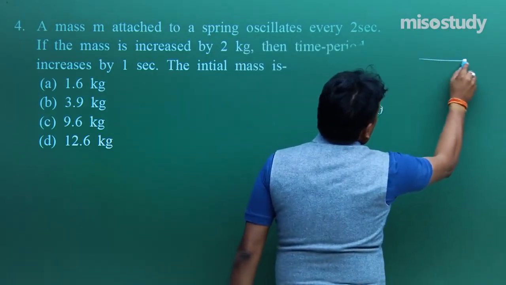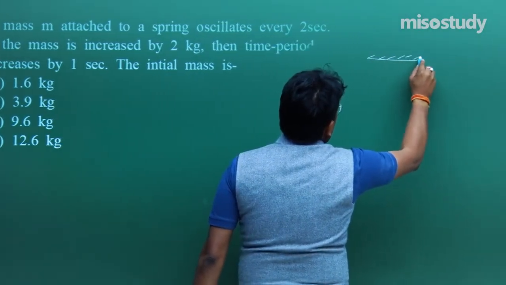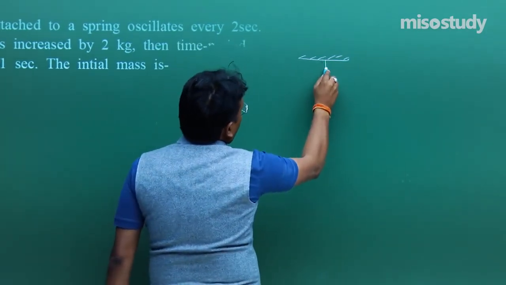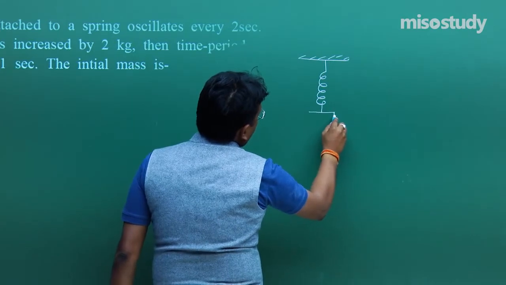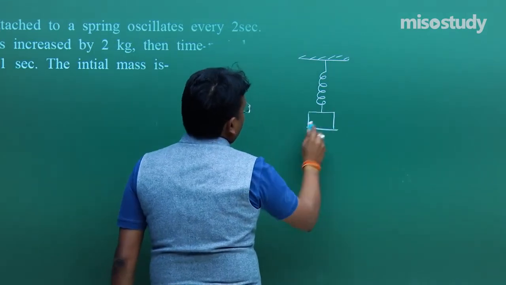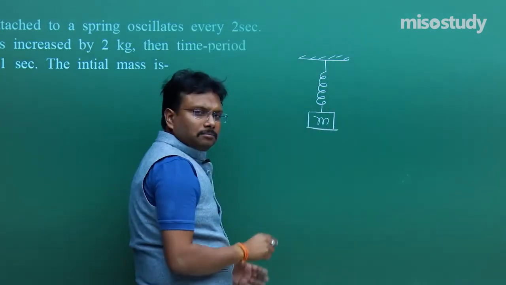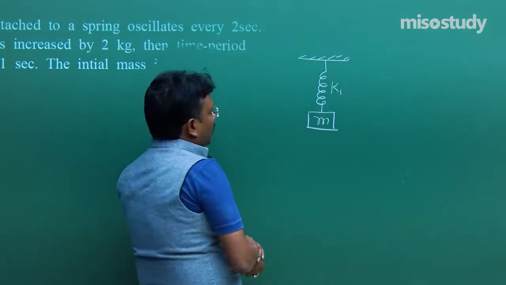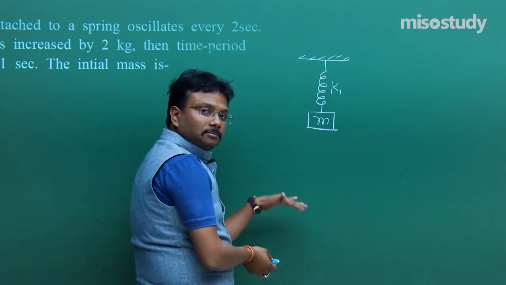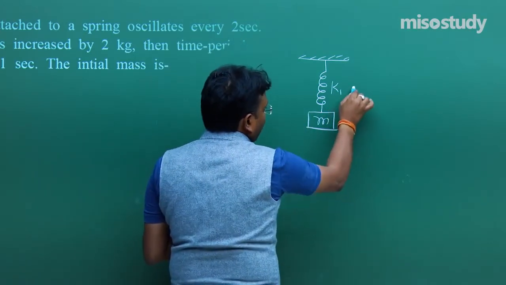So what exactly the situation is? Oh my God, such a beautiful painting. Okay, so this is spring, and let's say this is mass small m. Let's say it's K1. Okay, it's oscillating, up down this way.